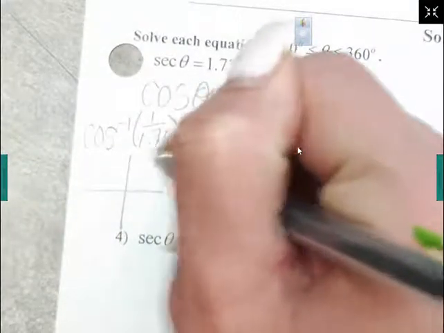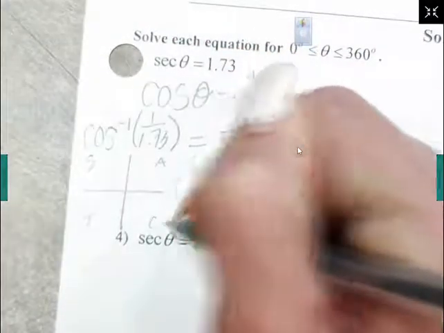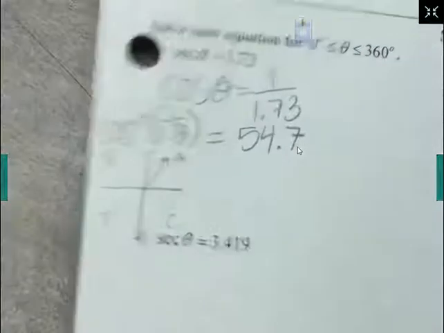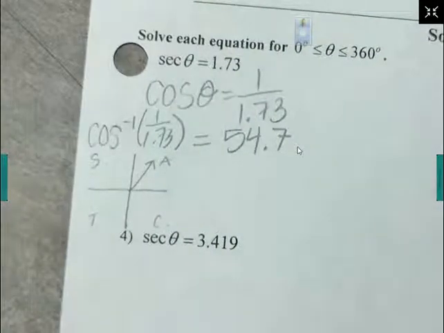So let's draw our little diagram, and remember that all students take calculus, and we're right here at 54.7 degrees, correct? And what quadrant, Patricia, is our other angle going to be in? Not S. T. Okay, do you know why you picked T?